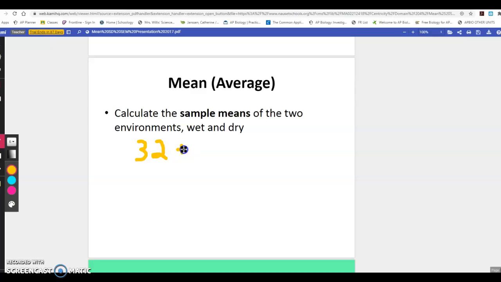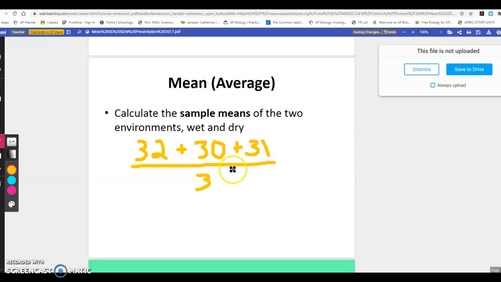It's a nice warm area, and one time it was 30, and the other one was 31. We'd probably have a lot more data than that, but for simplicity's sake, we just add the three of them together, and we divide by 3, and then we hit equals on our calculator, and we would get 31. Okay?